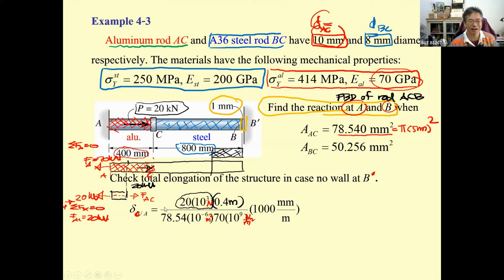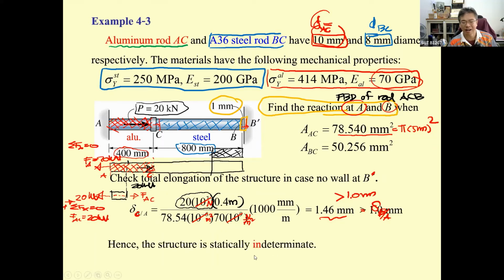And then you get delta C/A to be 1.46 millimeter, and this is going to be the deformation of B/A. If C moves 1.46 millimeter, this one will move 1.46 millimeter also, but this is larger than 1.0 millimeter. That means point B will touch the wall, and then the structure is statically indeterminate.